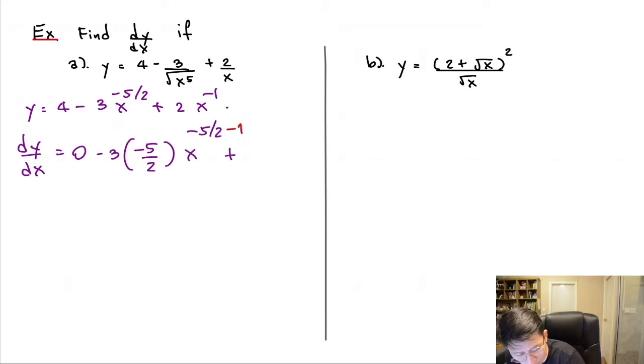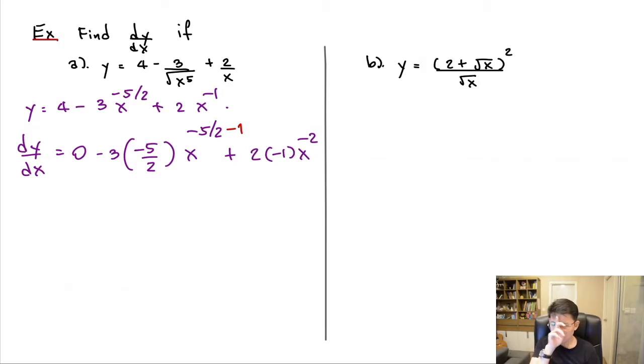Plus minus 2, right? I'll just put 2 and minus 1, x to the power of minus 2. I just push the exponent down and then I subtract it by 1. So what I have here is 15 divided by 2 and x to the power of what?